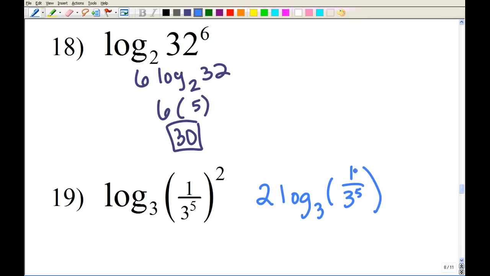Well, if I ignore that 1 over part, and I say 3 to what power gives me 3 to the 5th, well, that would be 5. But we know to get 1 over that would be a negative exponent. So log base 3 of 1 over 3 to the 5th is negative 5. Don't forget that 2 in the front. So 2 times negative 5 is negative 10. There's our final expression.